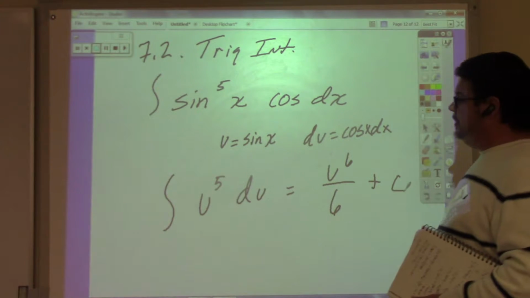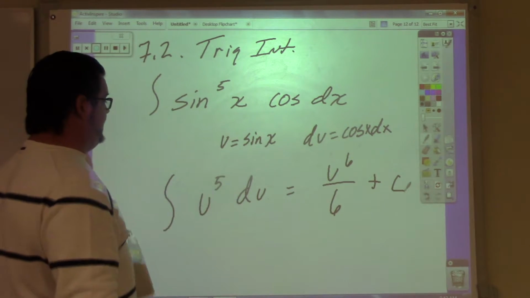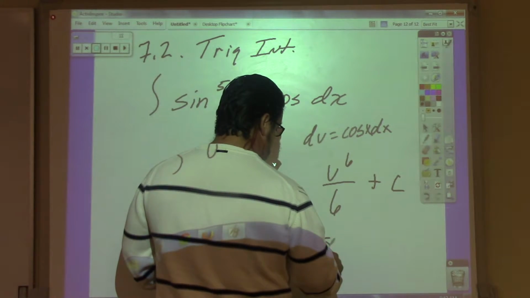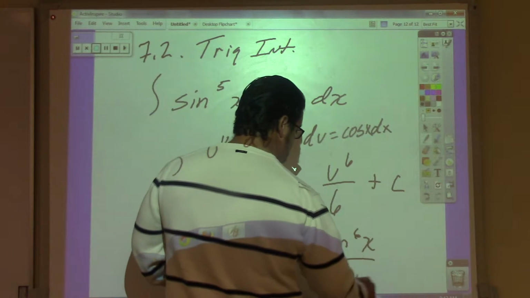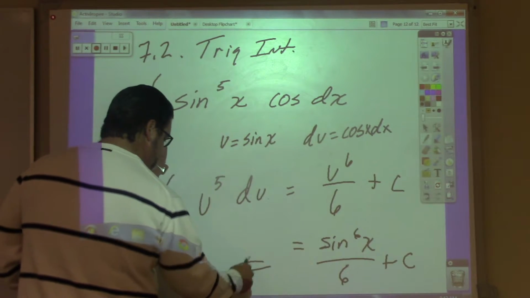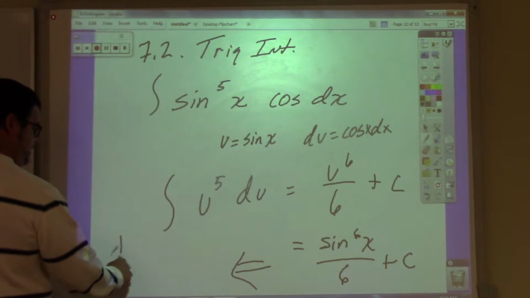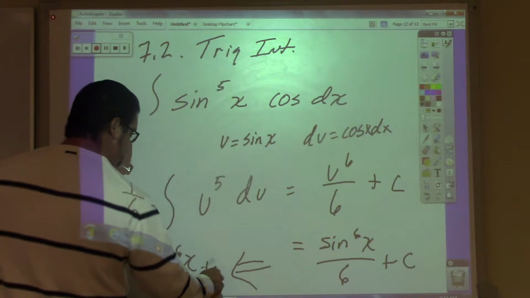And what is u? U is the sine. So sine 6x over 6 plus c, or 1/6 sine 6x plus c.